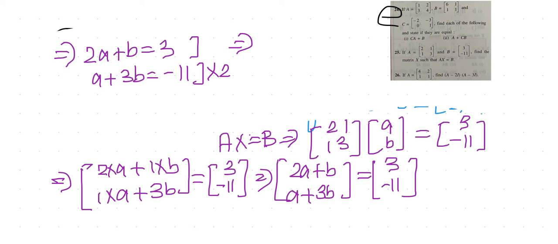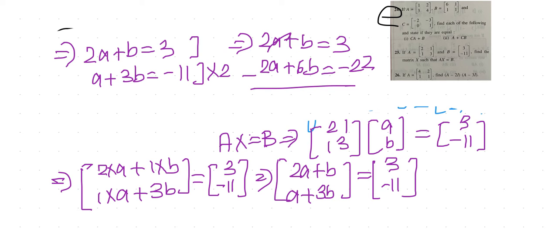So you will get 2a plus b, and here you get 2a plus 6b is equal to minus 22. So this gets cancelled, and we subtract.